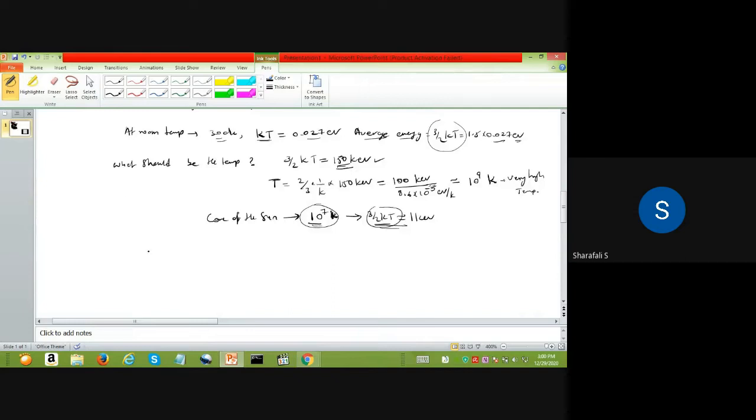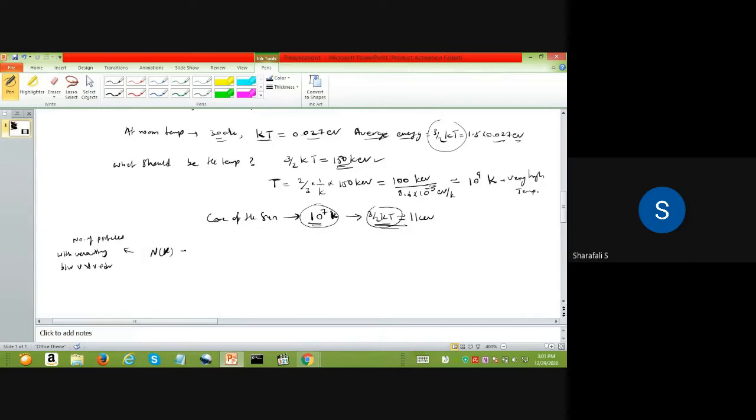If you consider the number of particles with velocity between v and v plus dv, that is given by the Maxwell distribution.